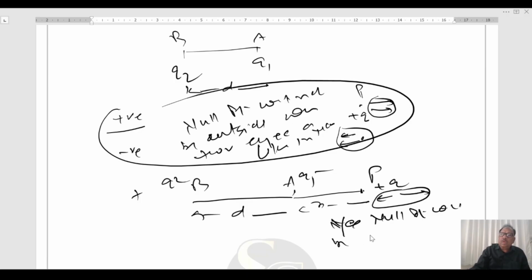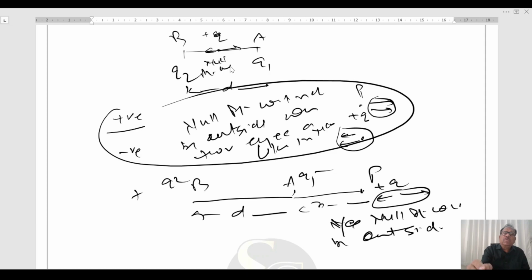Null point will be outside in this case. If we take a charge Q here, say positive, for this it will be repulsive, for this it will be repulsive. So null point will be inside.